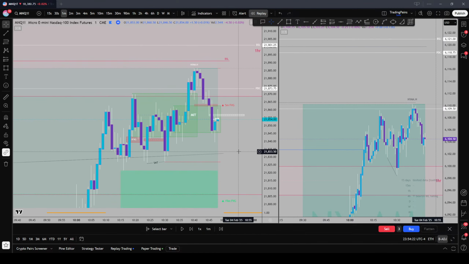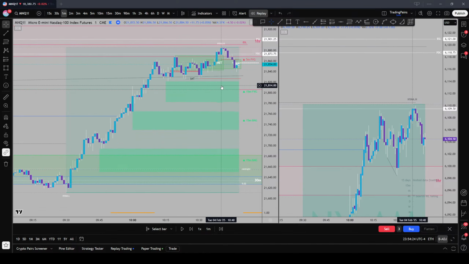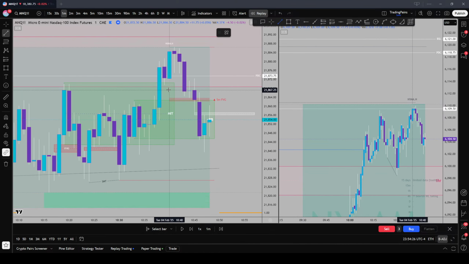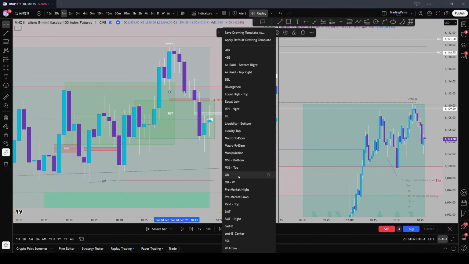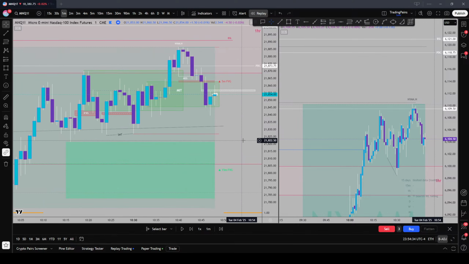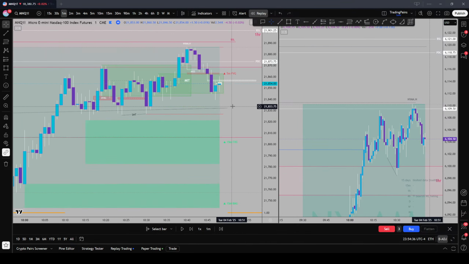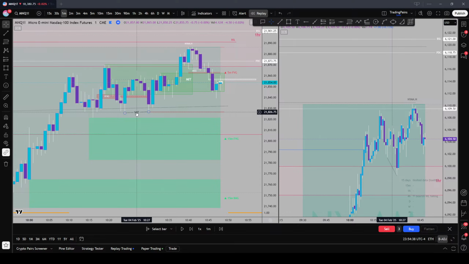Do we give ourselves a market structure shift though? I would say so. This is kind of like a market structure shift. Bottom. And we have, let's go and delete this.